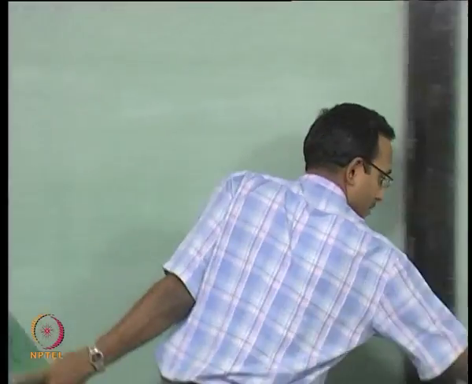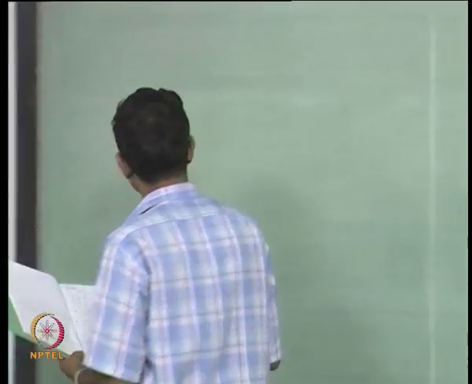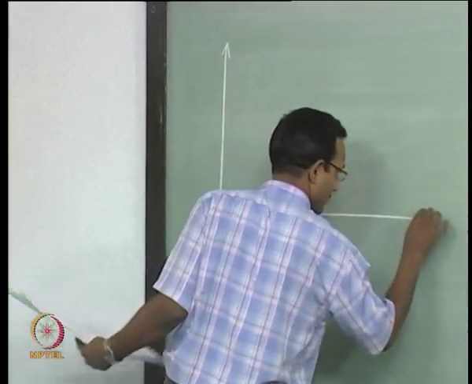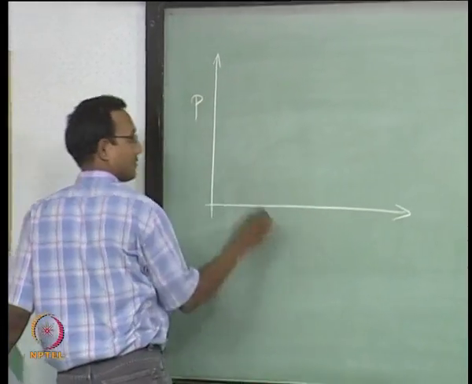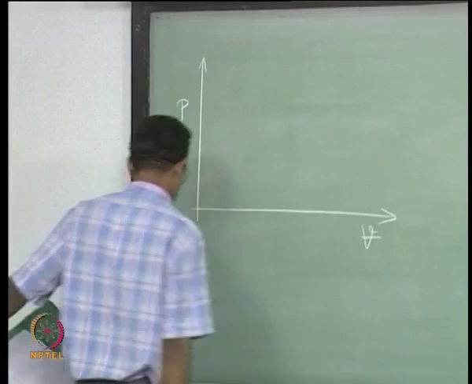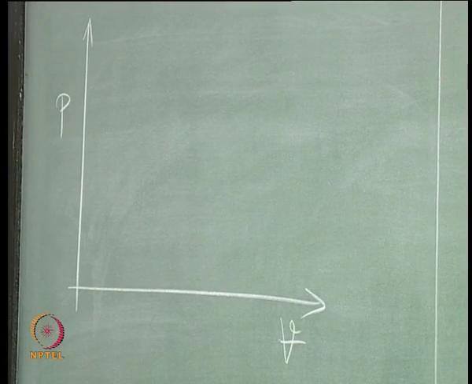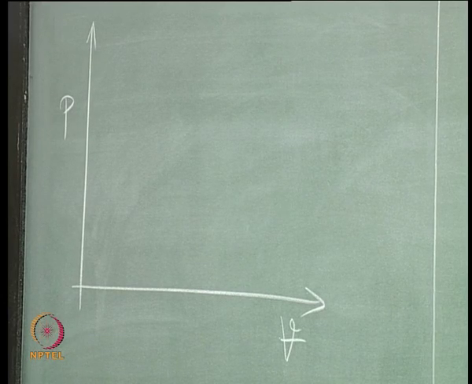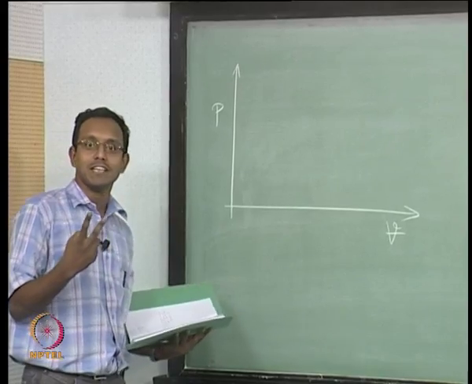start with I am plotting a process on the state diagram, which is basically it could be two variables, any two state variables.